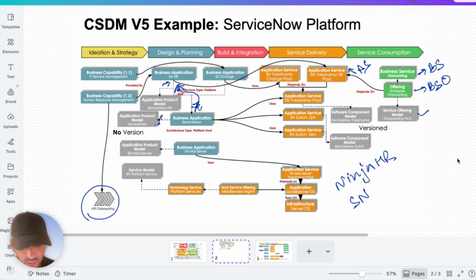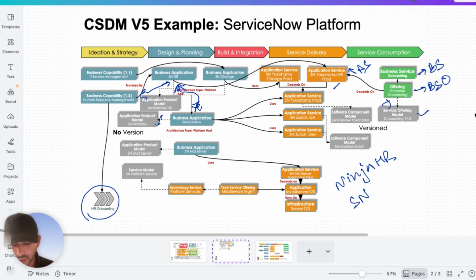This SNHR is using the application service HR prod, which is offering this enterprise onboarding service, right? And the capability of this is HR resource management. This business application's capability is this, all right?